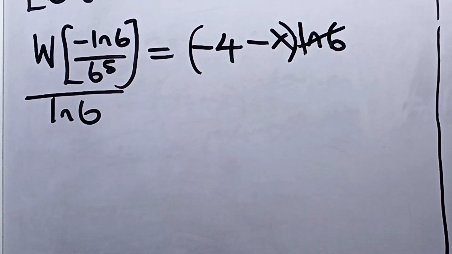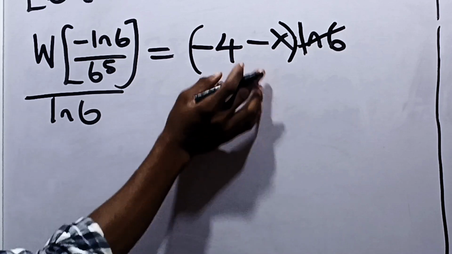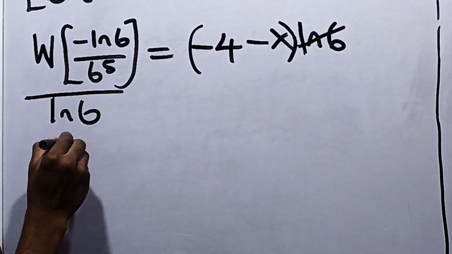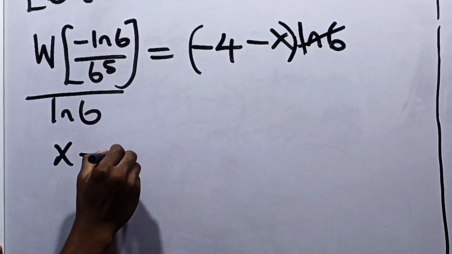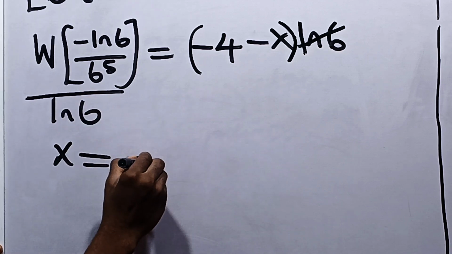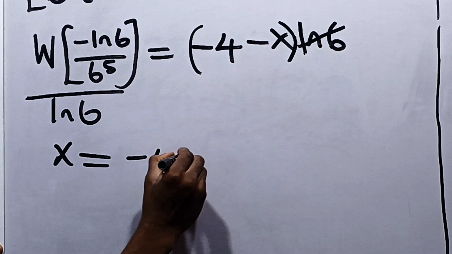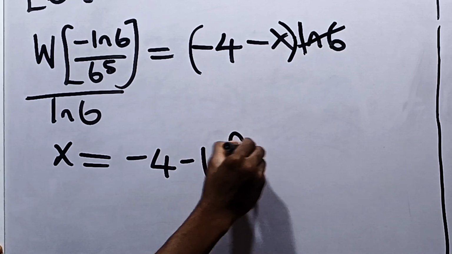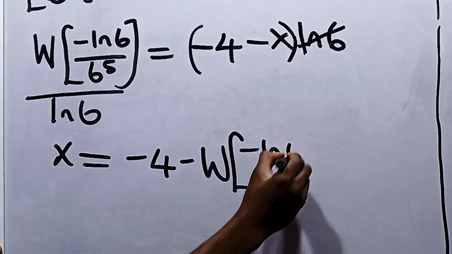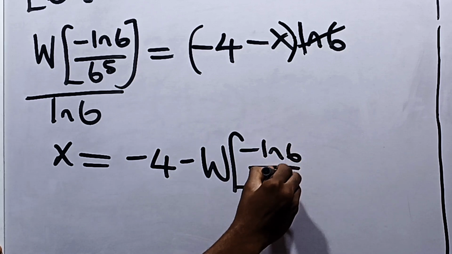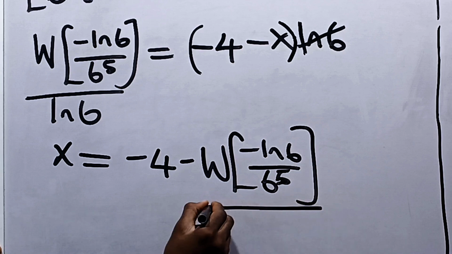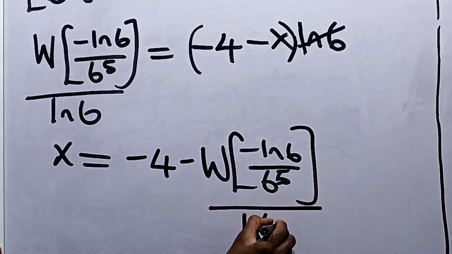Lastly, we push this over to this side and this over to this side. So we have positive x equal to negative 4 minus W of negative ln of 6 divided by 6 over 5, all divided by ln of 6.